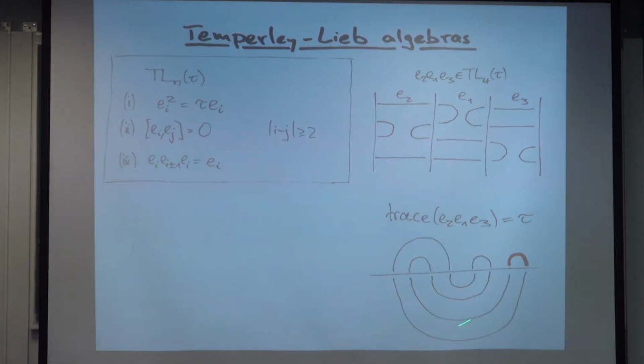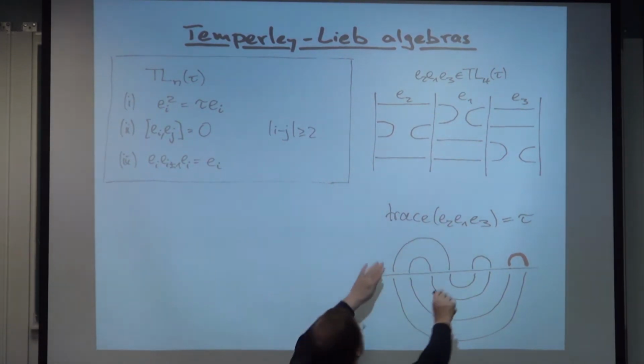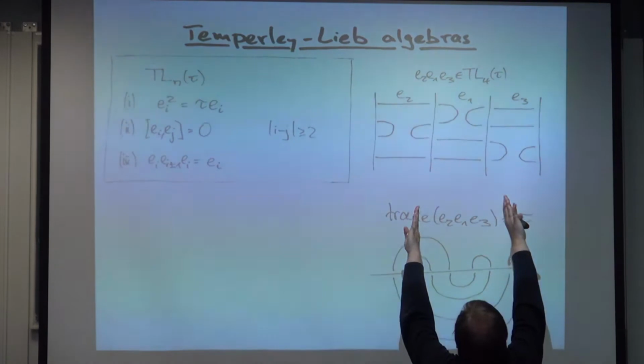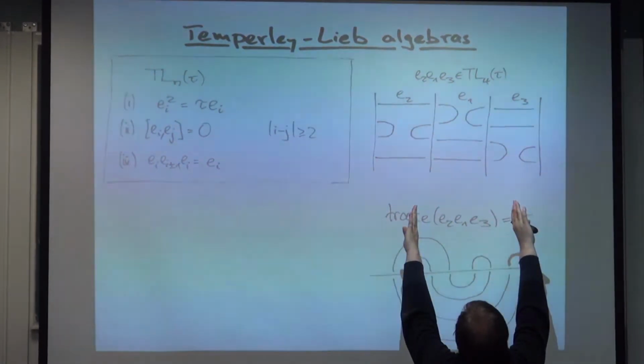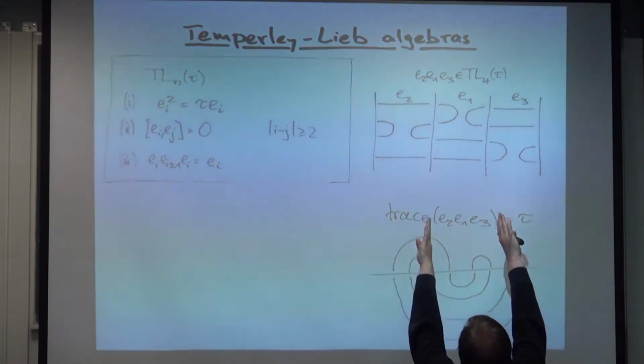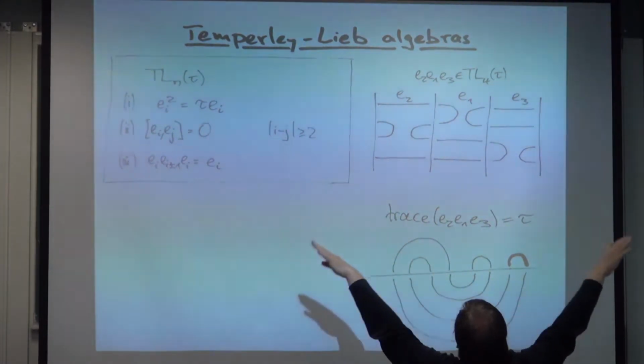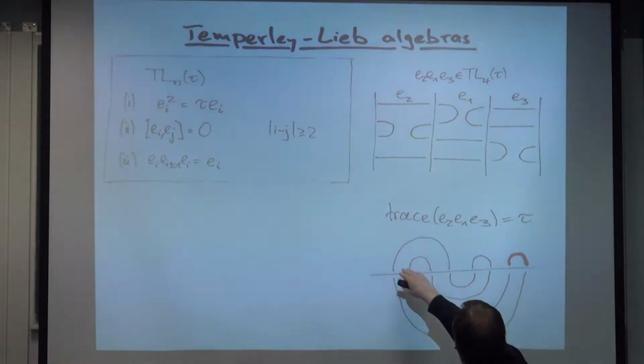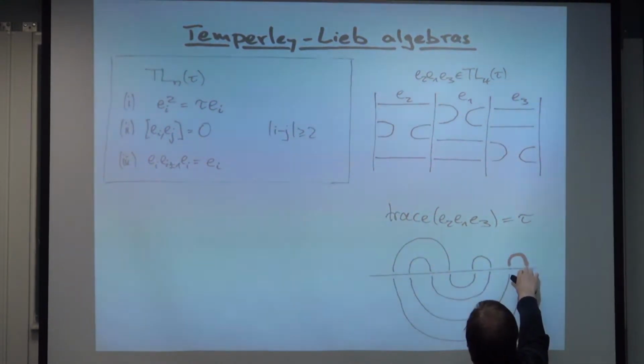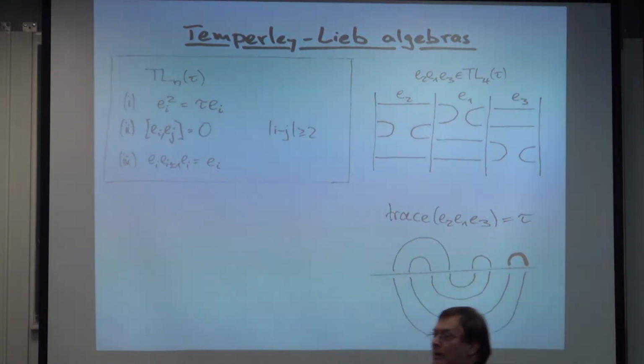Now, the trace is defined by taking the right and the left end and joining them at equal heights outside the diagram. So in other words, if I take the right and left piece of this diagram, E2, E1, E3, and I spread it out to become a horizontal line, I see this upper diagram, and the lower rainbow denotes the trace operation.